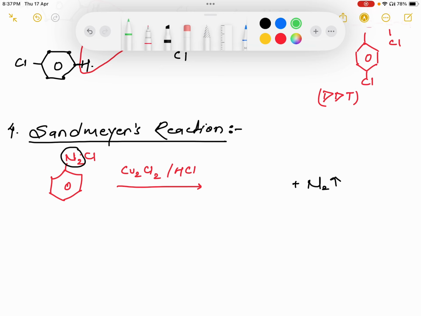And this chlorine will come and attach right at this point to form chlorobenzene. And what is this? Benzene diazonium chloride.